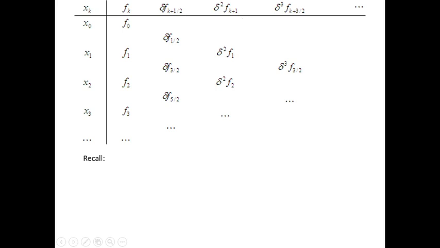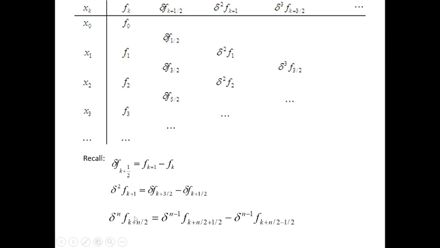So in this case, recall that delta f sub k plus 1 half equals f sub k plus 1 minus f sub k. Delta squared f sub k plus 1 is equal to delta f sub k plus 3 halves minus delta f sub k plus 1 half. I already introduced this previously, so we're just recalling.